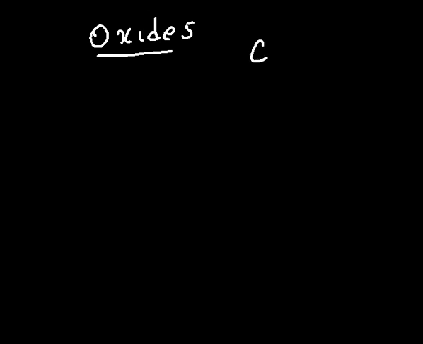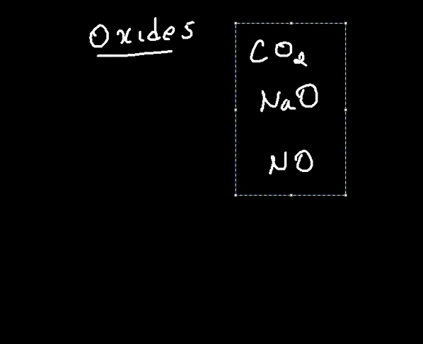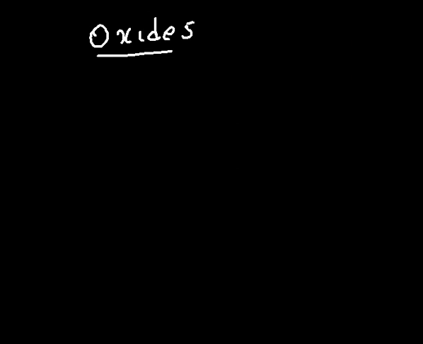We can have, let's say, carbon dioxide. We can have sodium oxide. We can also have nitrogen oxide. So we have different oxides that you will come across. But if we say oxides, these are compounds with oxygen atoms.